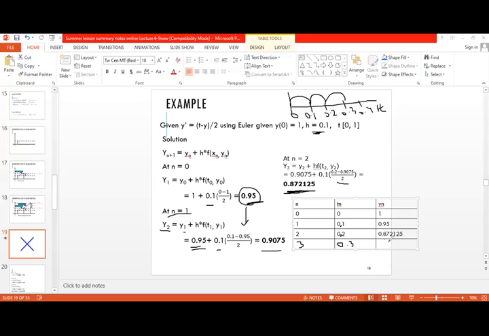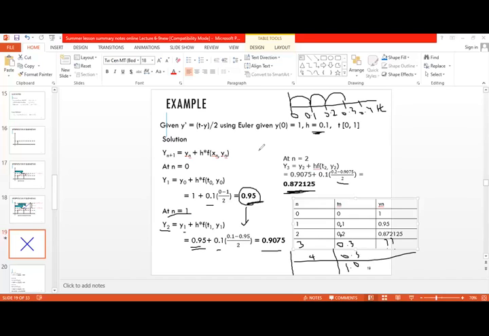You're going to continue till you come to t equals 1.0. You keep going at the same intervals, meaning step 4 will be 0.4, step 5 will be 0.5, step 6 will be 0.6. That's the reason why I said you should get calculators.